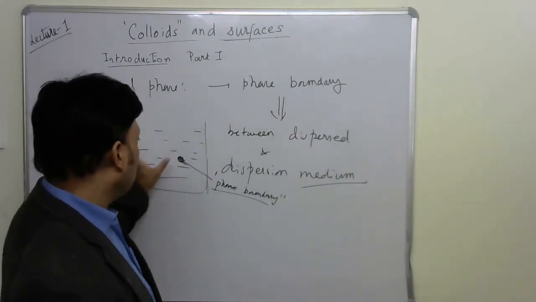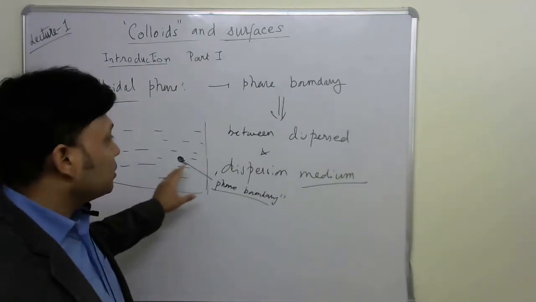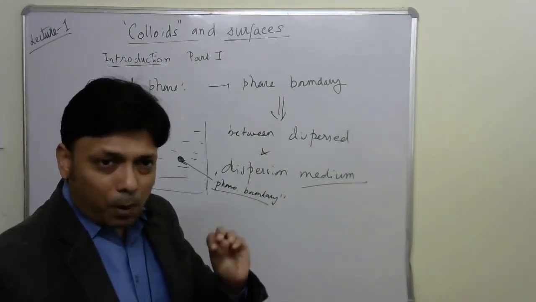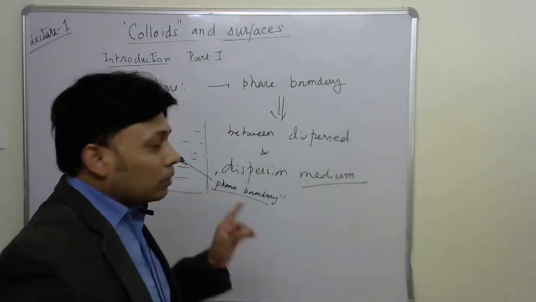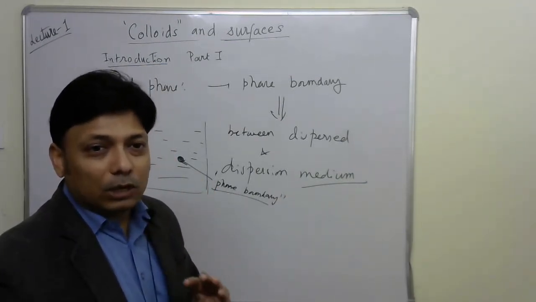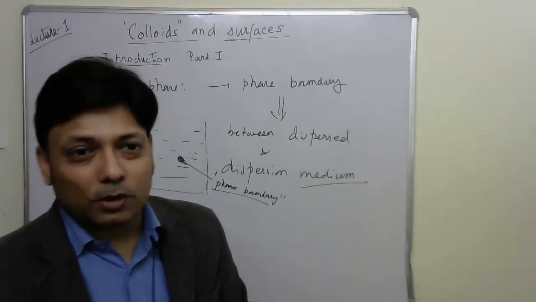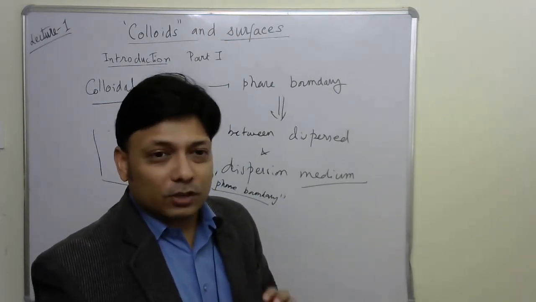Remember, in the case that we have discussed, we have taken the dispersion medium as liquid water and the dispersed medium as a solid, some particles. But this is only one type of combination. The dispersion medium can be liquid, solid and gas, and the dispersed medium, apart from being solid, can also be gas and liquid.